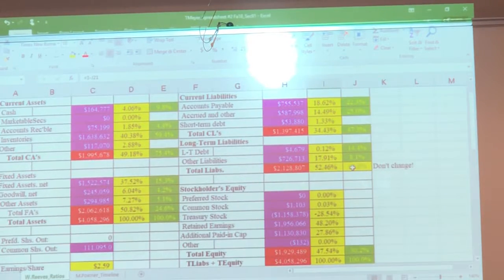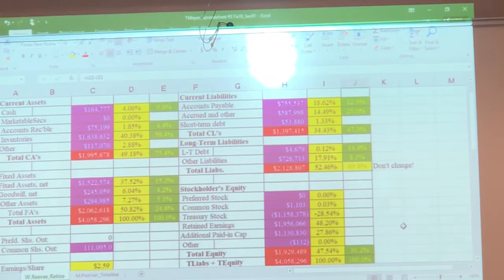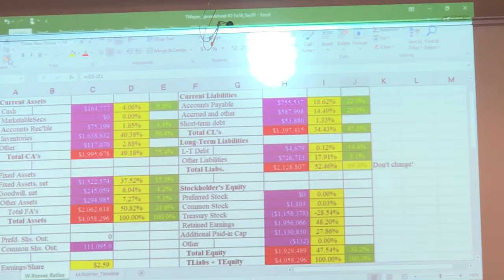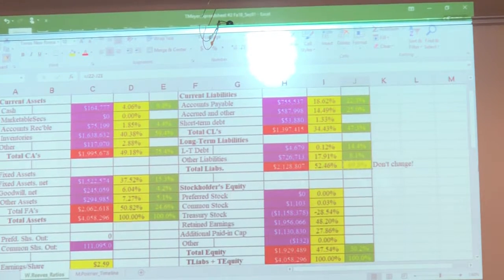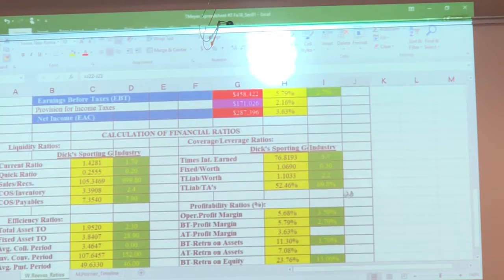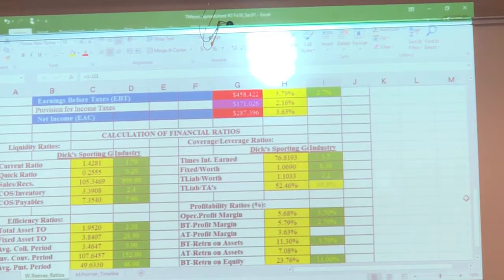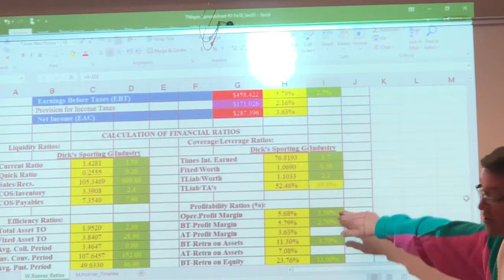Let's do that. Let's start with the cursor on J12 and use the format painter, the little paintbrush up in the upper left-hand corner here. And we're going to paint I-44. And there are two more cells we're going to do the same thing with, and they're going to be these two.